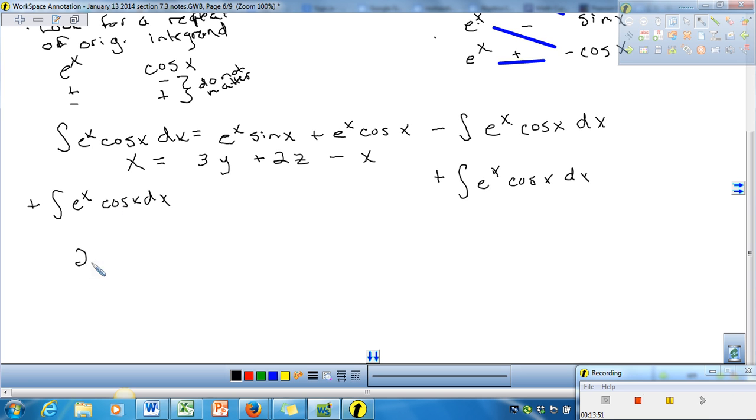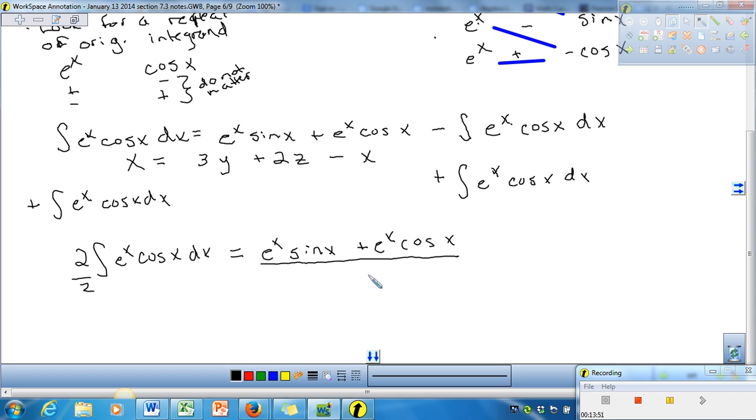And I now have 2 times the integral of e to the x cosine x equals e to the x sine x plus e to the x cosine x, and then what? Divide by 2. Cancel them here, and now put your plus C once we're at the final step.